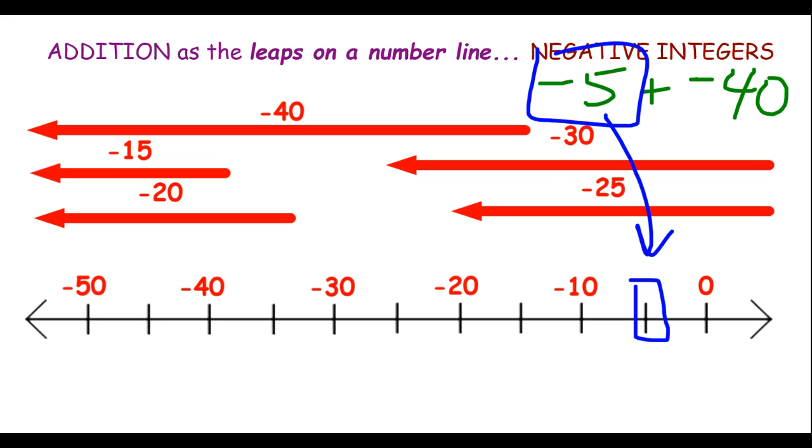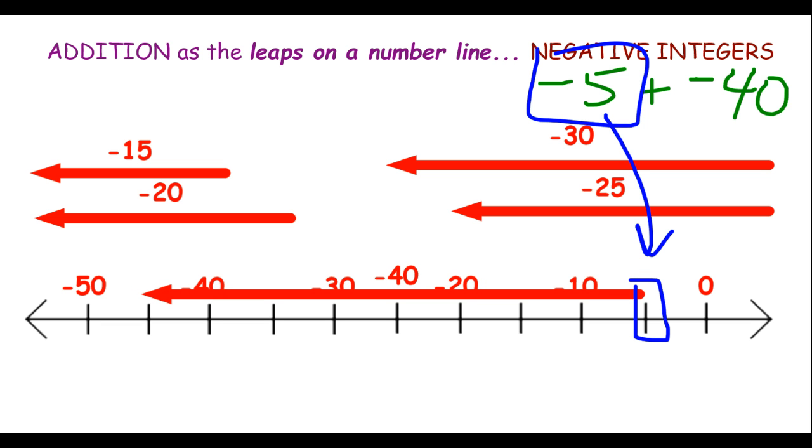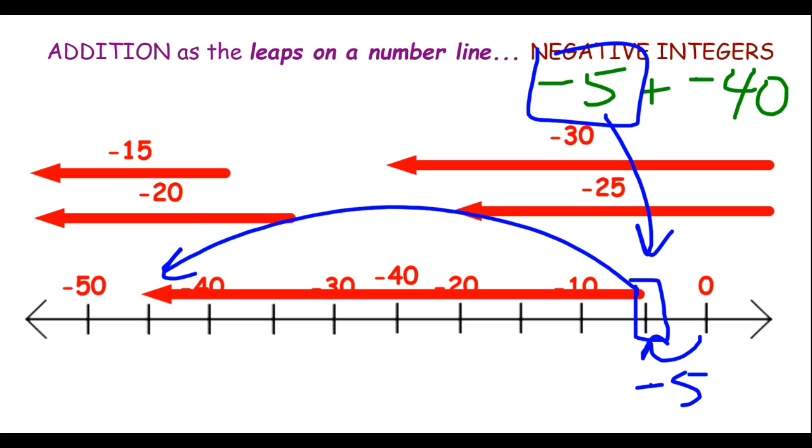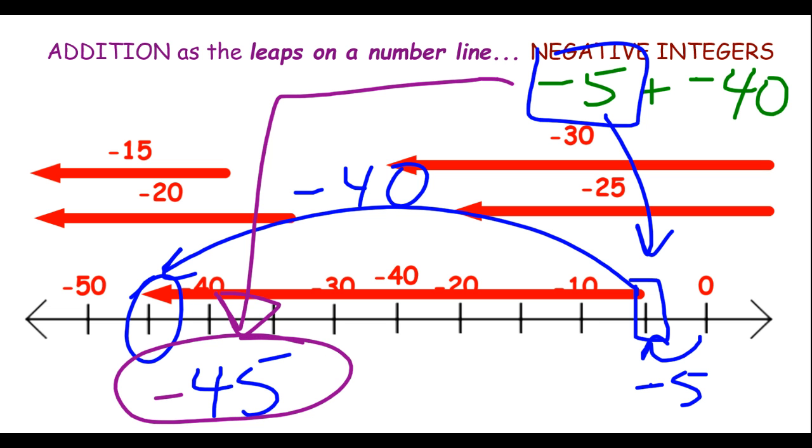And when we leap negative 40 on the number line, it's 40 to the left. So we start off 5 to the left of 0. We jump another 40 to the left of 0. And we end up at 45 to the left, or 45 in the negative direction. So negative 5 plus negative 40 is negative 45.